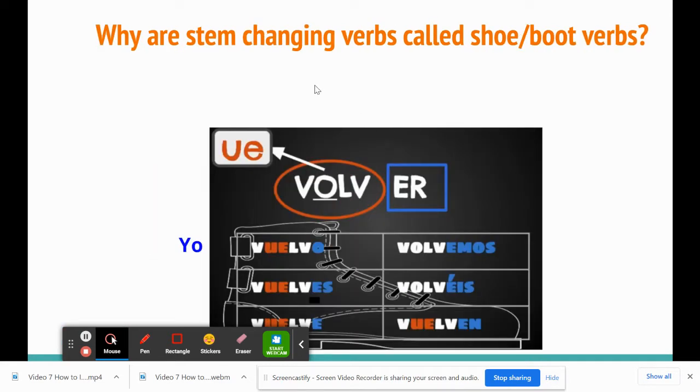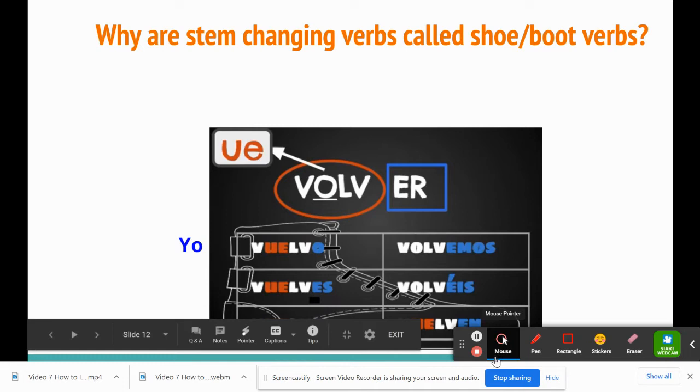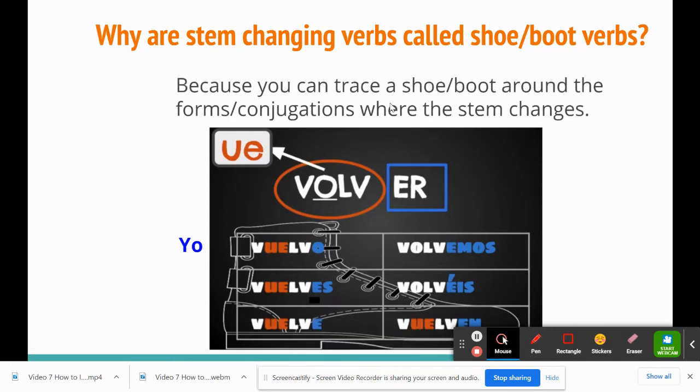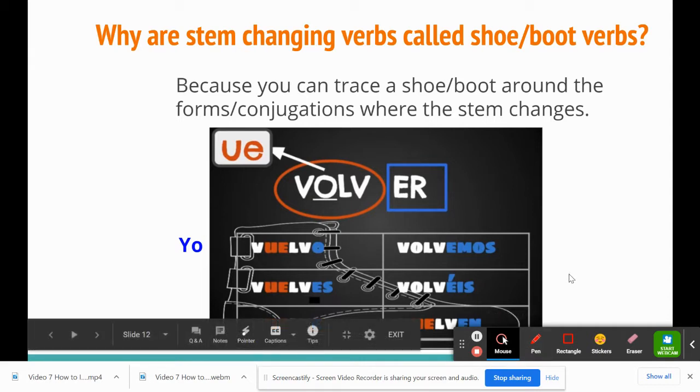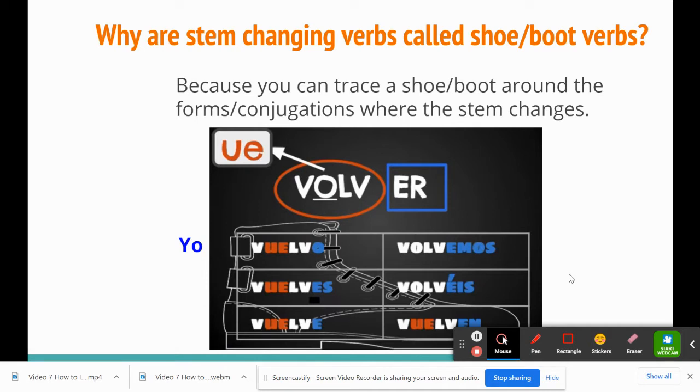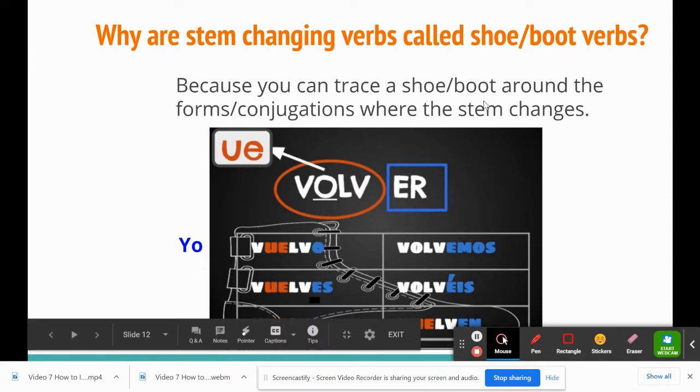Okay, so why are stem changing verbs called shoe or root verbs? Good question. Stem changing verbs are called shoe or root verbs because you can trace a shoe, as you can see in this picture, around the forms of conjugations where the stem changes from O to UE.